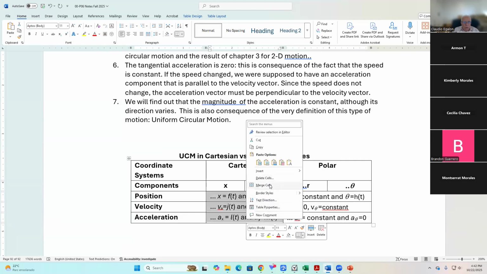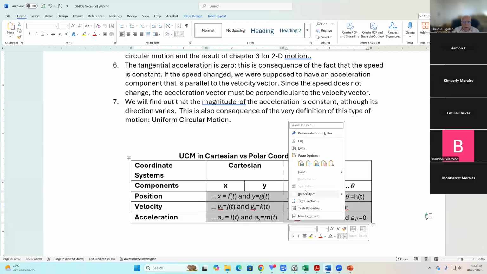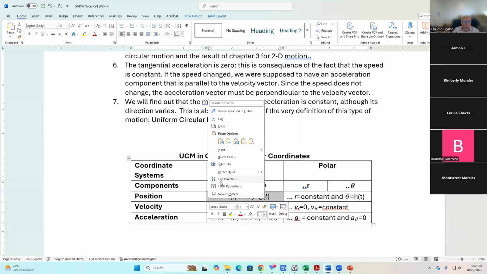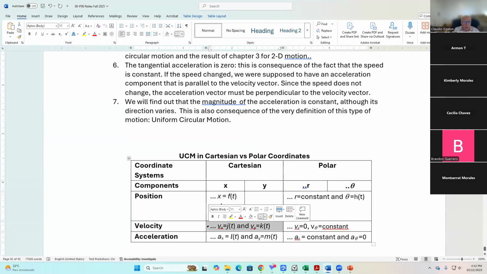Let's see. Borders, yeah. Two columns. Oh gosh. Okay, let's go slowly here. Split cell.